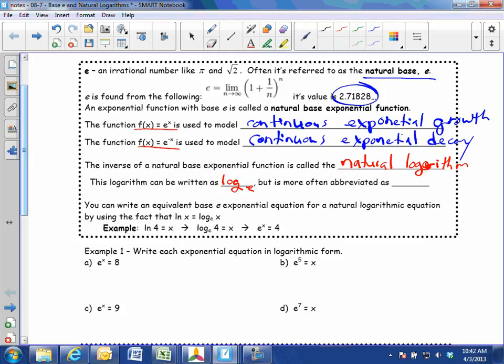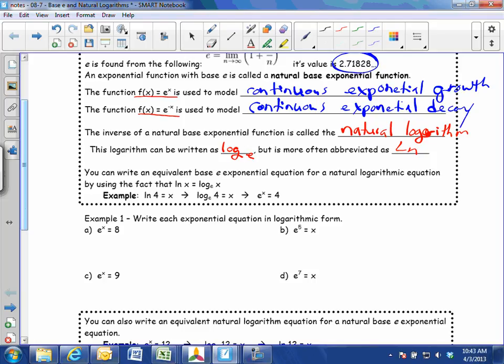So we can have log base e with an actual e in there, but most times they abbreviate it as ln, which I don't know why they don't go in L for natural logarithm, but they go ln. Most times the books have it as a lowercase l, but I always write it as a capital L just so I know that it's an L and not a 1. So natural log, you can write it as ln or log base e.